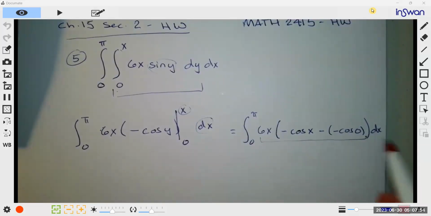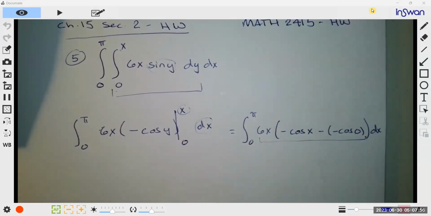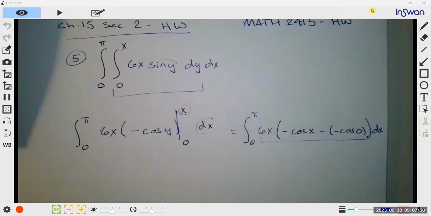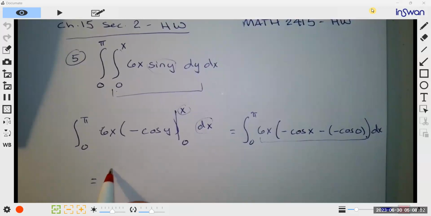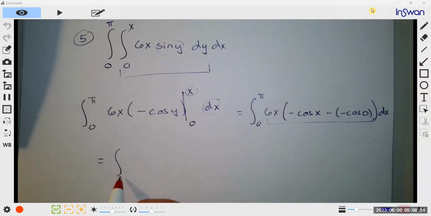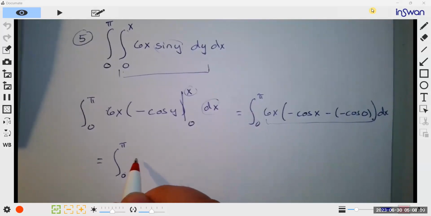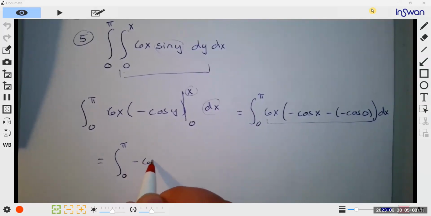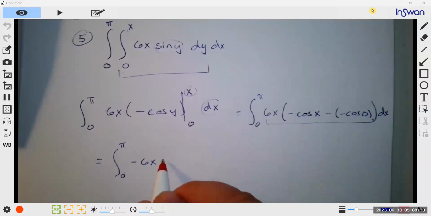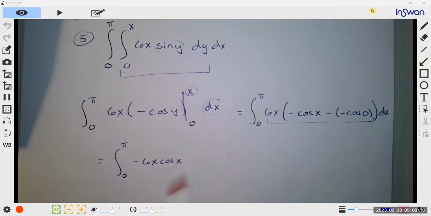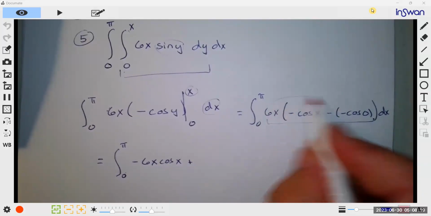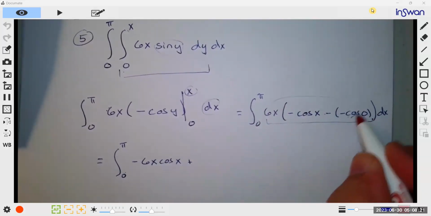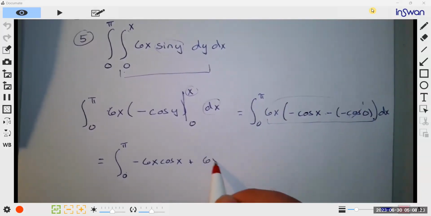And this is just the y part. From 0 to pi, we got negative 6 cosine x. Negative and negative is a plus. Distribute in there. Cosine of 0 is 1, so we have 6x.